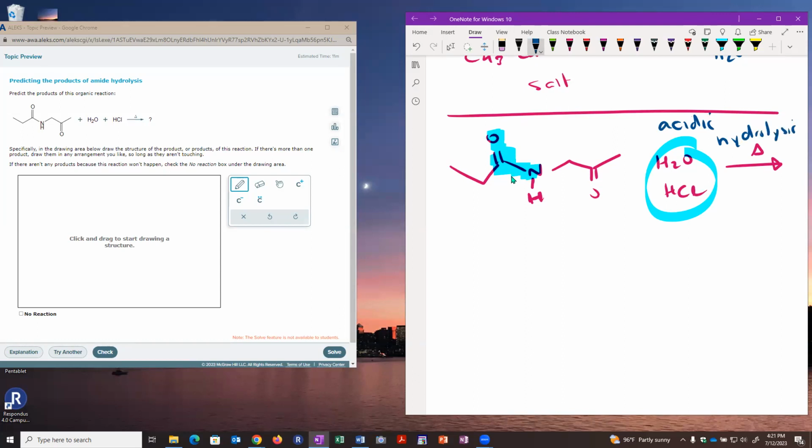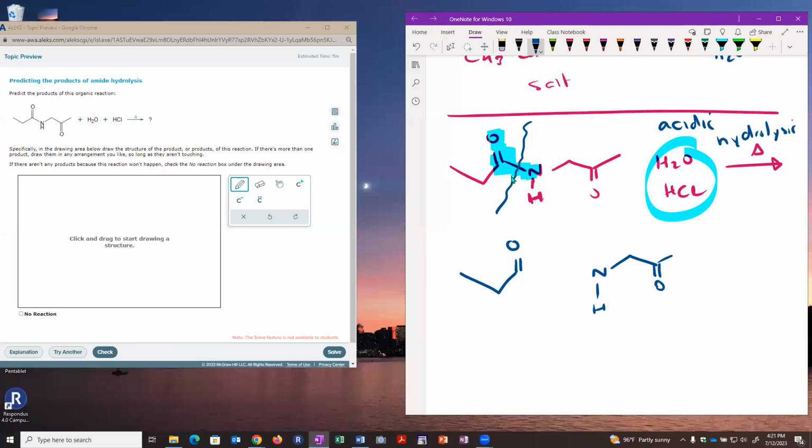And when we're going to hydrolyze this amide, we're going to split it right between the C double bond O and the nitrogen, right? So that's the amide bond that we have highlighted, and then we're going to break it right between those two parts. So we're going to end up with two fragments now. So I'm just going to draw those fragments, the parts that don't change, right? And this is the way that you want to approach these.